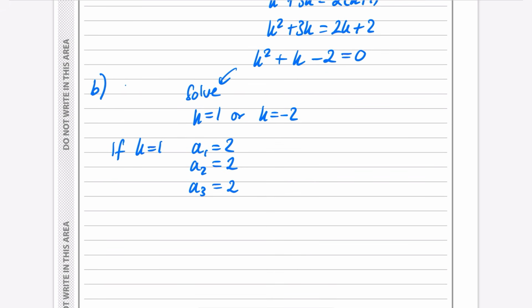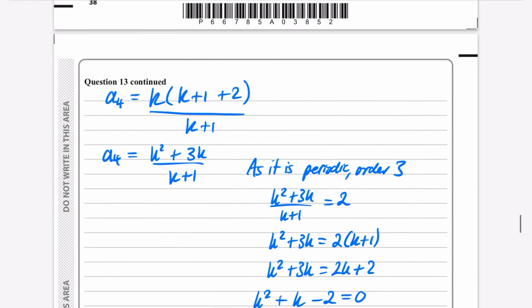So if k was equal to 1, we're not getting a sequence that is periodic of order 3. The fourth term would have been the same as the first term, but we need it to repeat every 3, not every single term. So because k is not equal to 1, that must mean that k is equal to minus 2.